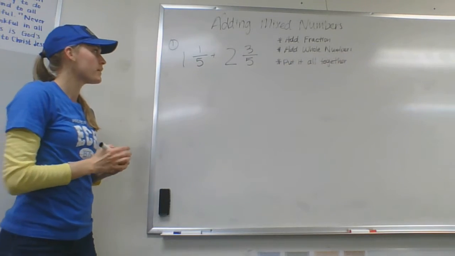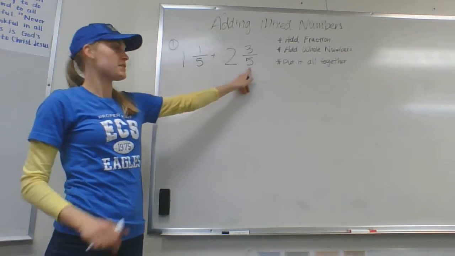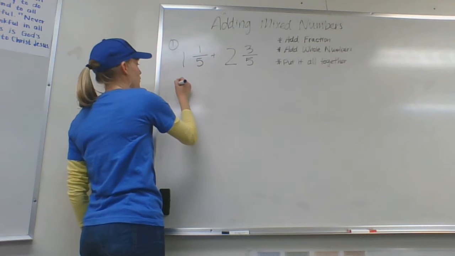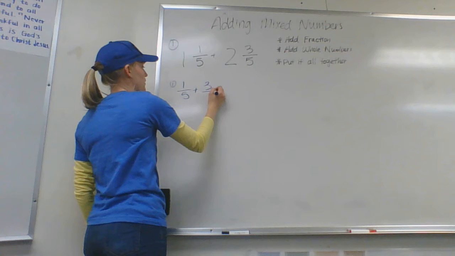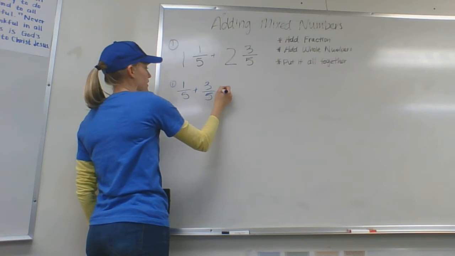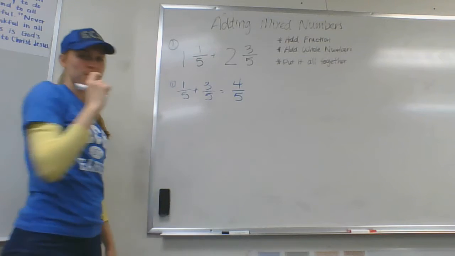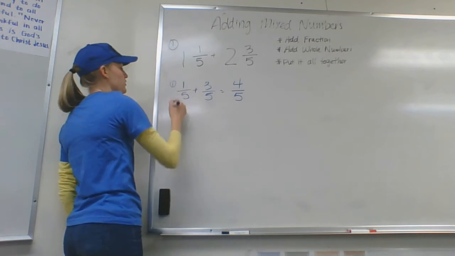Okay. So I made the first one pretty easy because they already have common denominators. So that makes adding those fractions very simple. So if we do step 1, add the fractions, we got 1/5 plus 3/5. And you guys all know that that equals 4/5. Easy. Second, add the whole numbers. We got 1, we got 2.